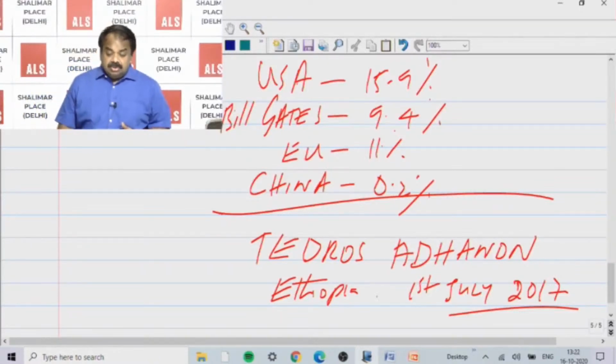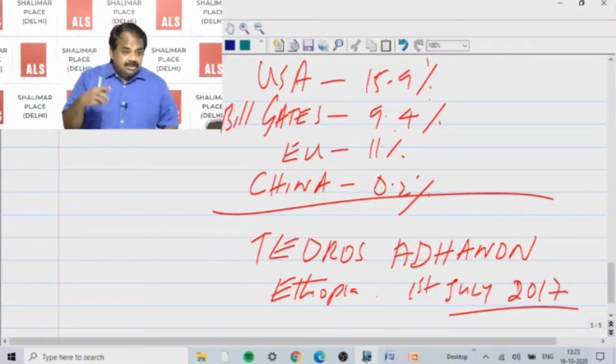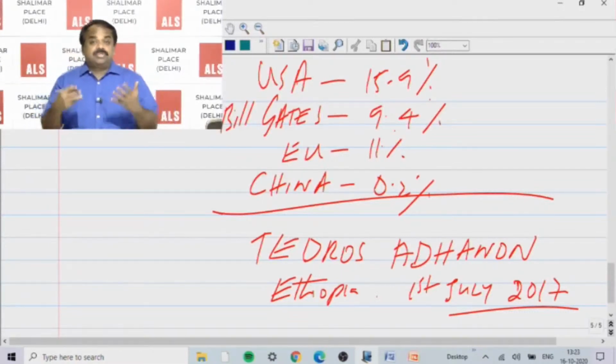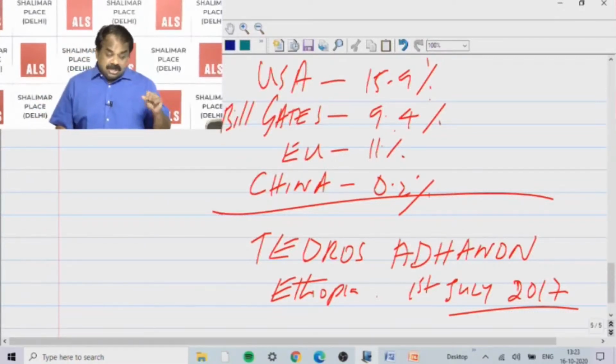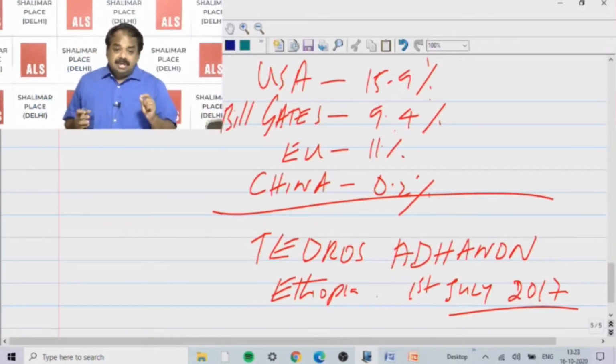China played a very crucial role in his election as the Director General. That is why WHO was accused of being a bit soft towards China. The reason was not the Chinese money, since China is contributing only 0.2%, but who helped him get the team.